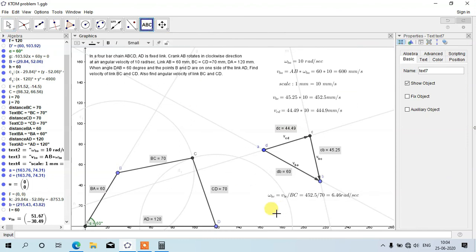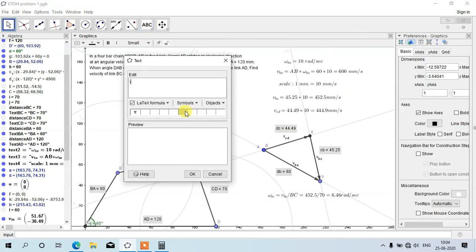Similarly, we can find the angular velocity of link CD. Omega for link CD is equal to the linear velocity of link CD divided by the length of this link, which is 444.9 divided by 70.